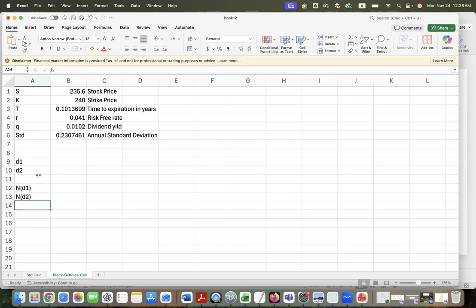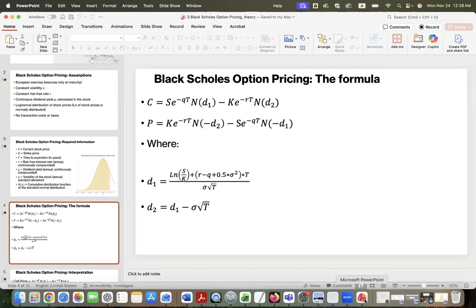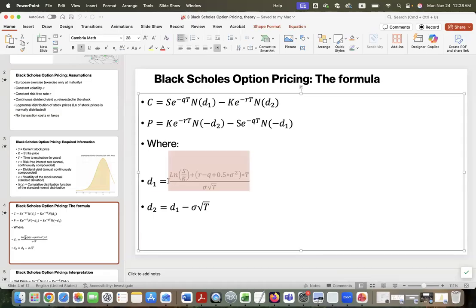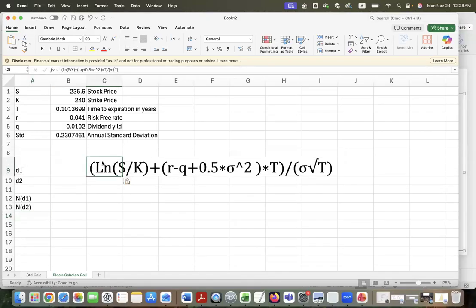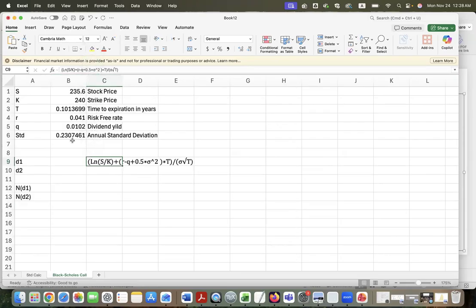Okay, let's get started with D1 and D2. In order to make sure that I'm not making any mistakes, I'm going to just copy the formula here. I'm not sure if that's going to be that helpful in Excel, but let's see if that works or not. Okay, it almost works. Make it smaller, and then I'm going to use it.